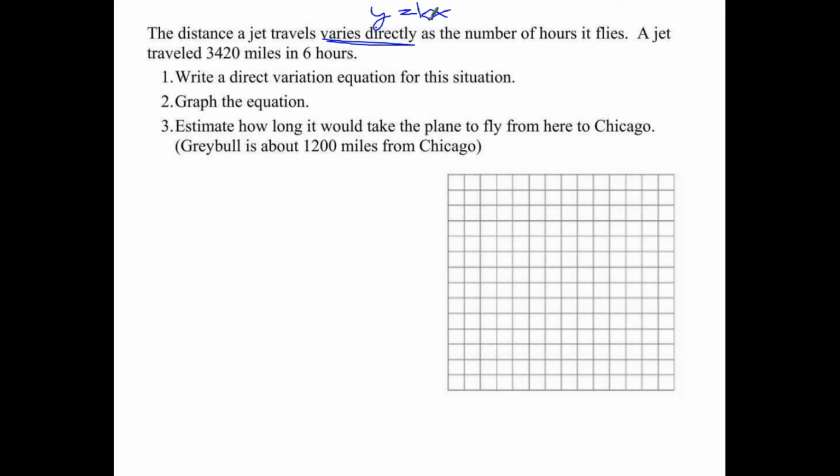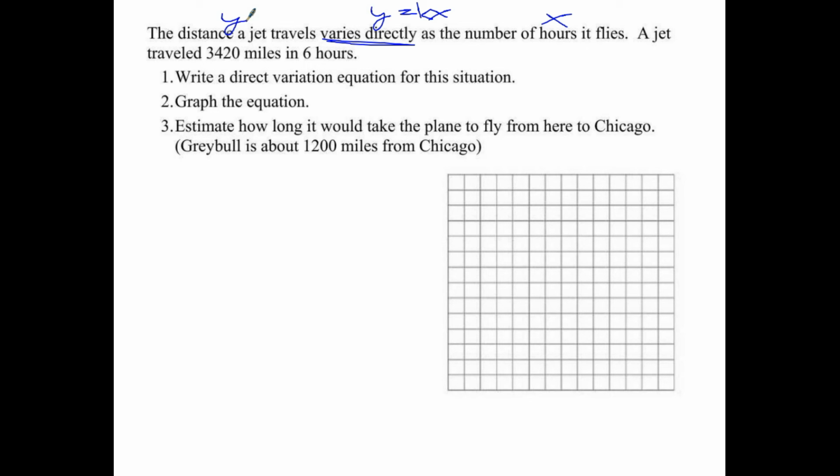What do we control? We control the amount of time that we're in the air, don't we? Yeah. And then the amount of time we're in the air determines how far we fly. Okay? All right. So the hours it flies is the independent variable. This is x. The distance that we flew is y.